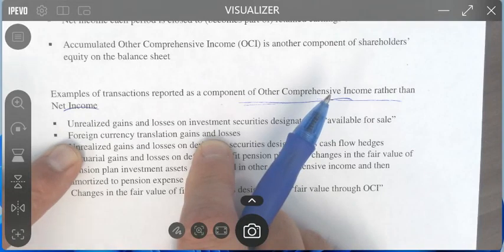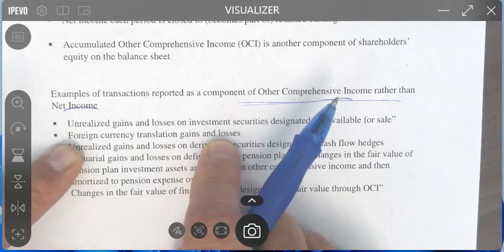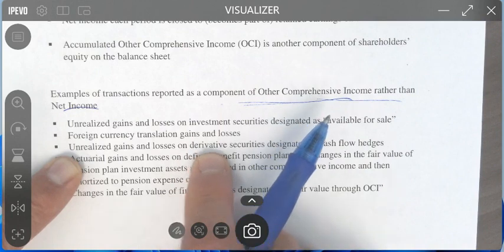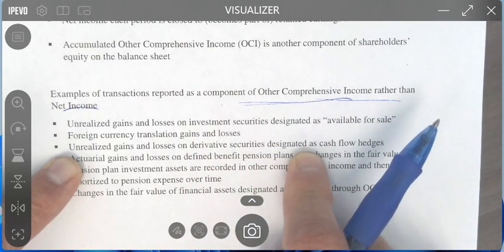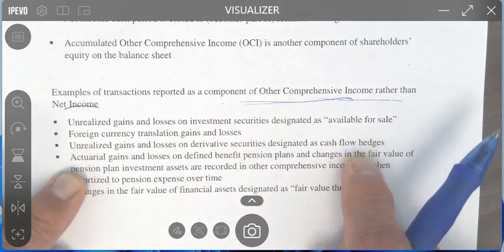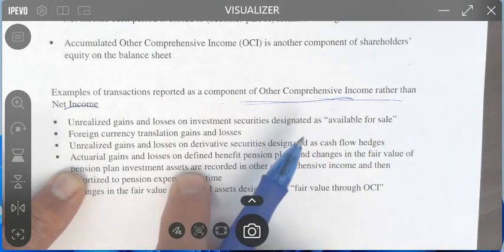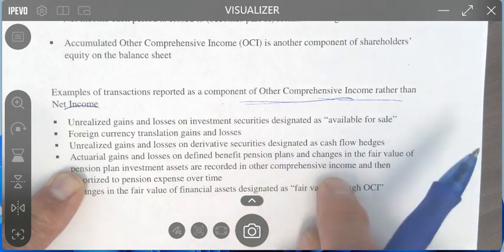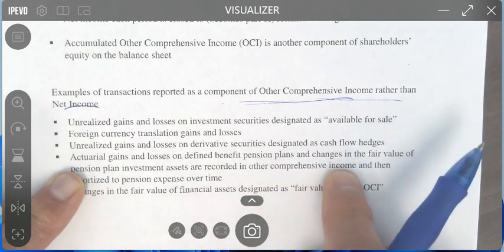You'll learn what that is in an upcoming financial reporting course. Unrealized gains and losses on derivative securities designated as cash flow hedges, a future course. Actuarial gains and losses on defined benefit pension plans. You'll learn what that is in an upcoming course.